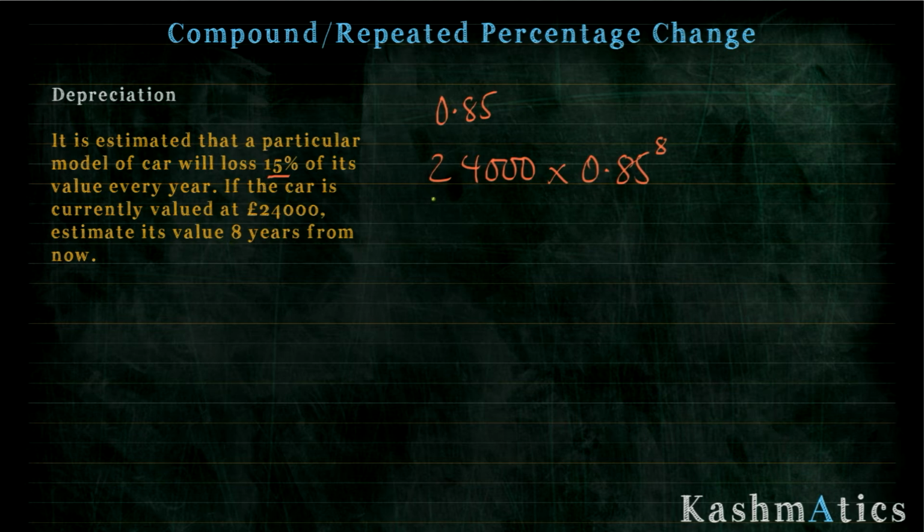So that's the initial value, there's your multiplier, and that's the period over which it's happening. And if I do that calculation, I get £6,539.77. Now obviously you wouldn't value a car with that degree of accuracy, but that's the actual value of this car based on this calculation.